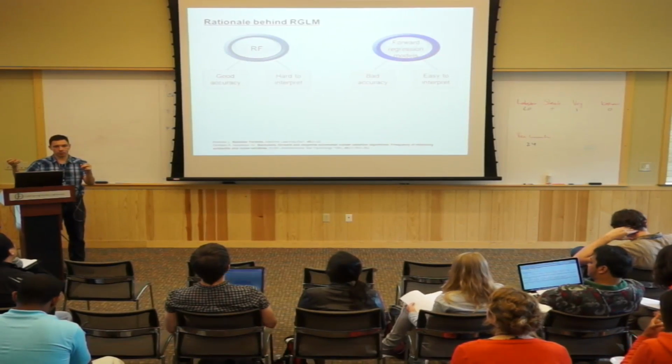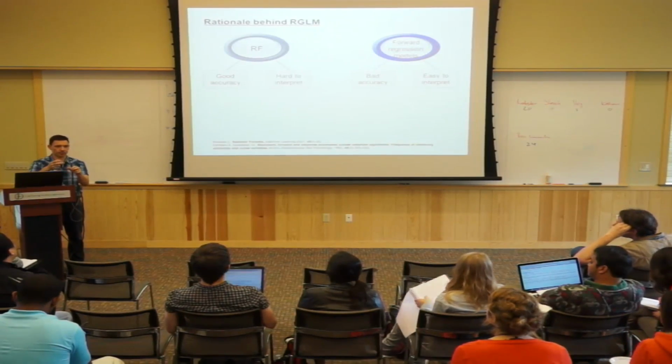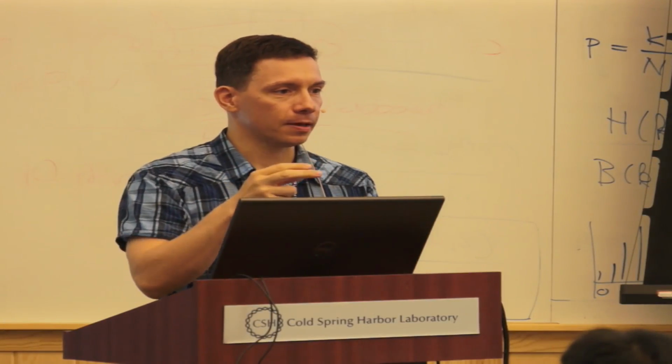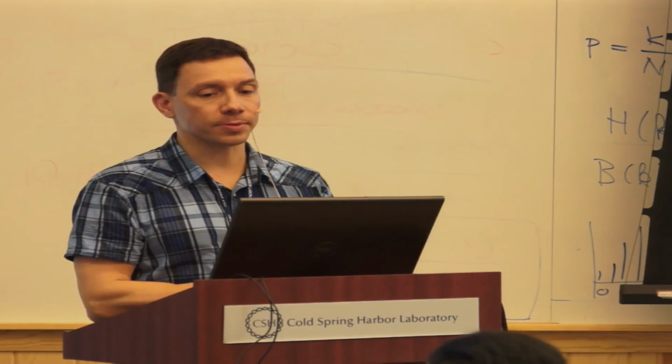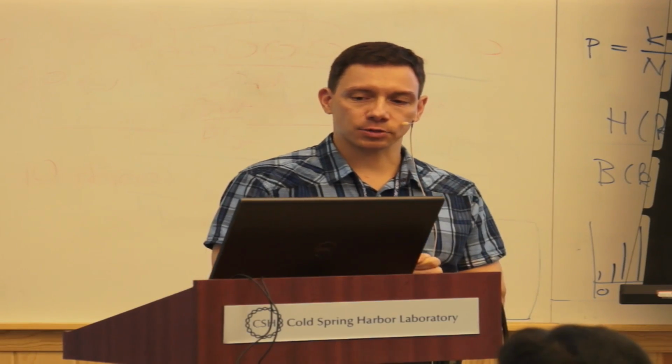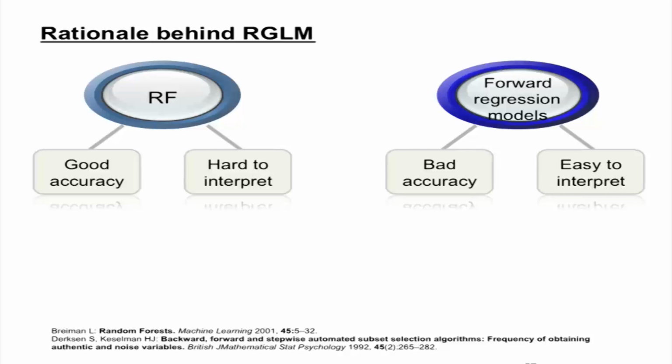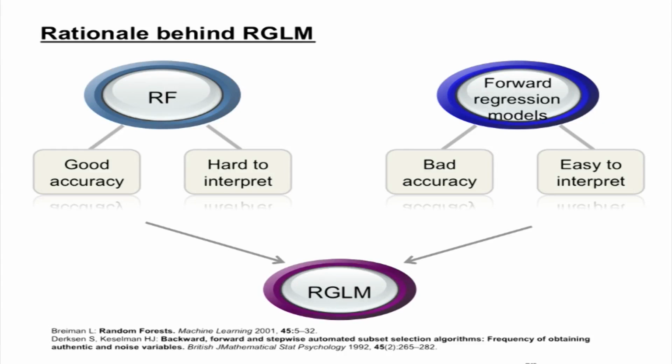Then you say, well, can I add a second gene to make the resulting predictor even more accurate, or a third one, or a fourth one? This stepwise, or forward, variable selection then leads to a predictor that is easy to interpret. Why? Because it may involve only 3 or 4 genes. But of course, the problem is that forward regression overfits the data, and you end up with a predictor that is very inaccurate.